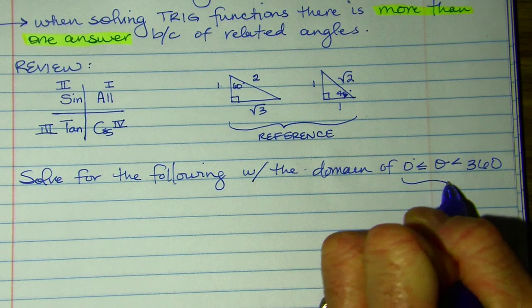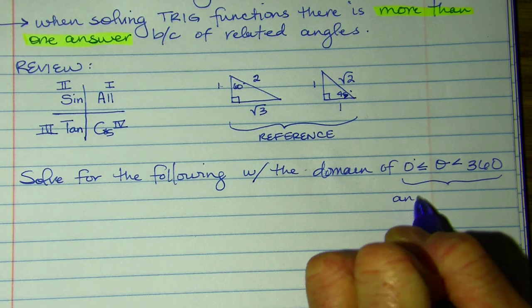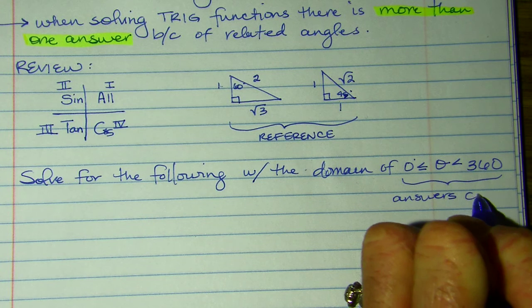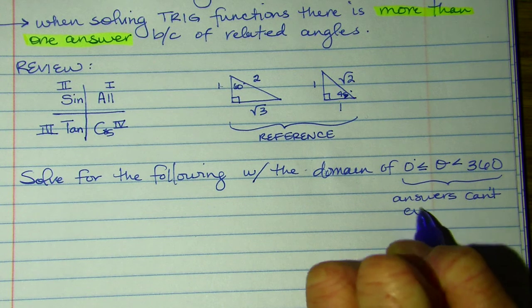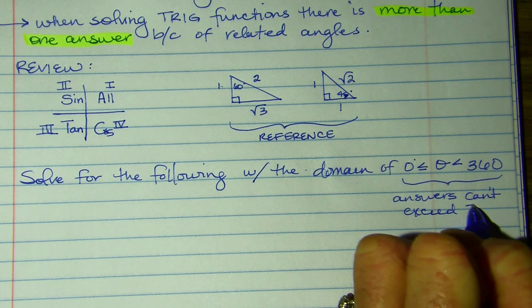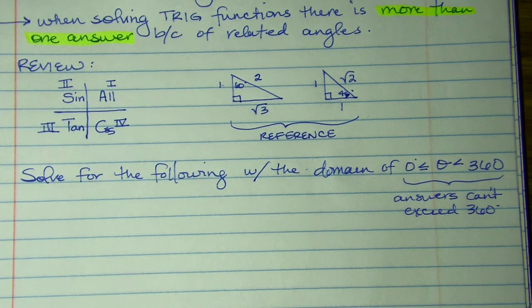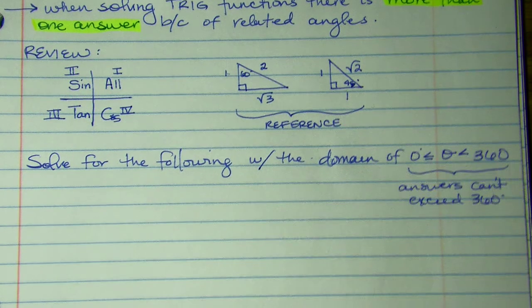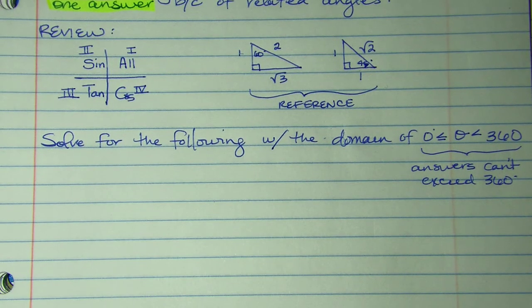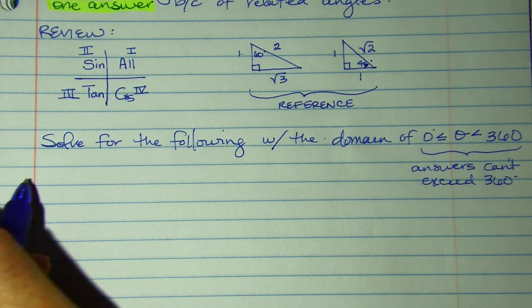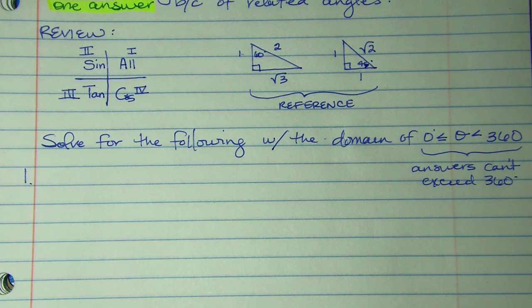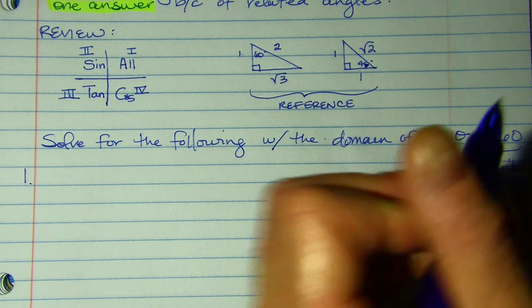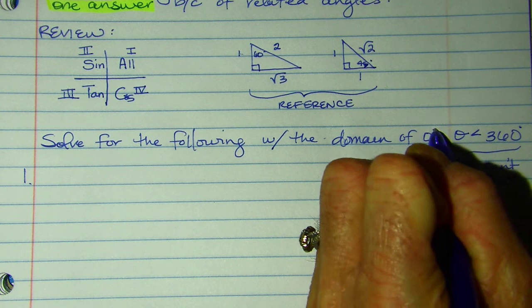Our answers cannot exceed 360. So we're only doing a single rotation of the unit circle. The book will tell you what your domain is, and we're going to mess with this later. So it's good to know that when we're solving, I'm only looking for angles in that range. And sorry, both of these are degrees.